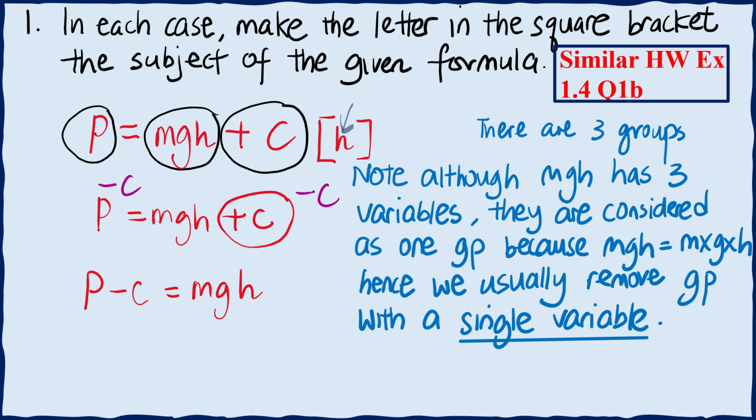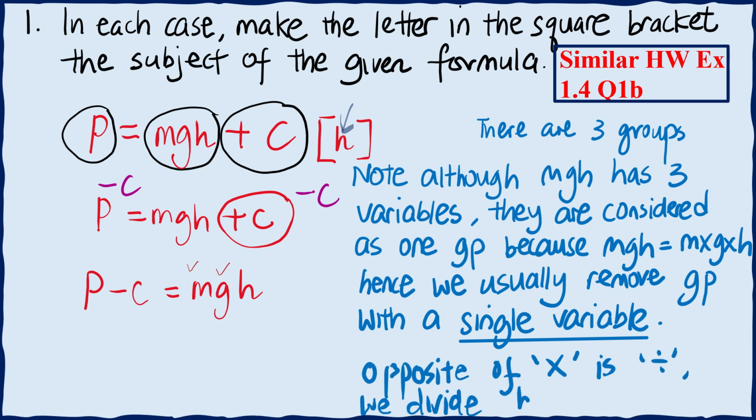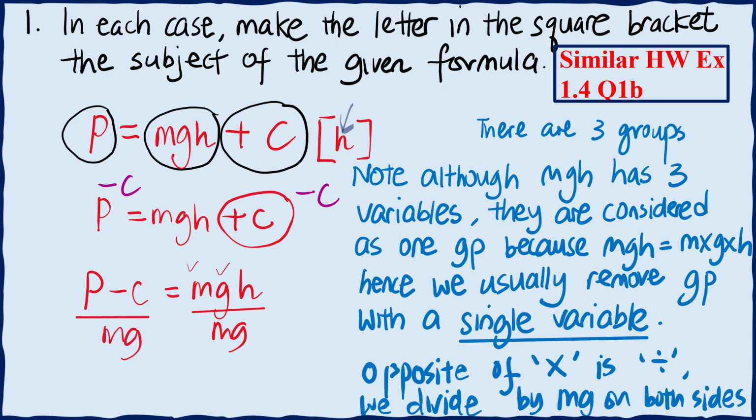The next step now is we're going to eliminate M and G, because MGH means M times G times H. Since the opposite of times is divide, we're going to divide both sides by MG. And that will give us H equals P minus C over MG.